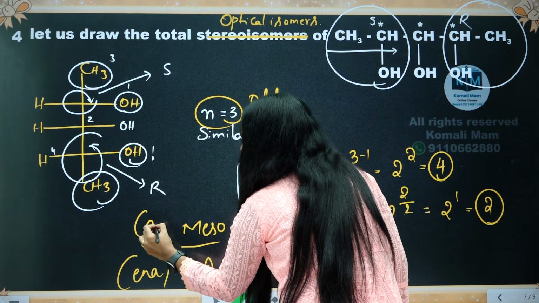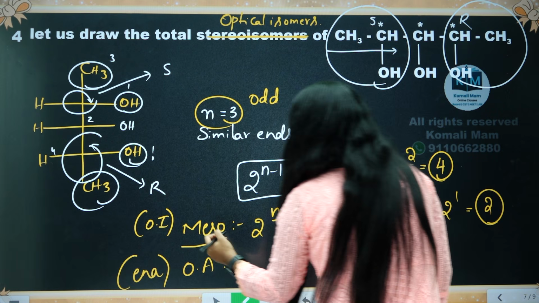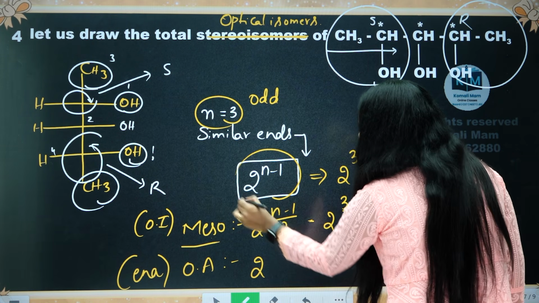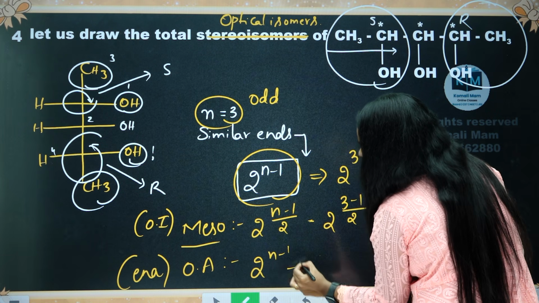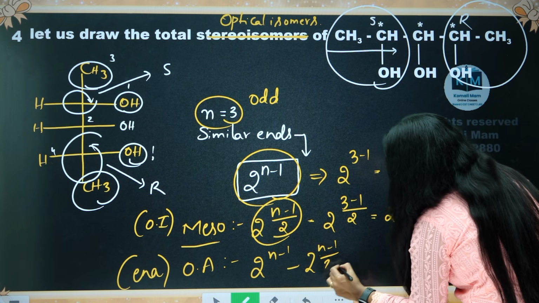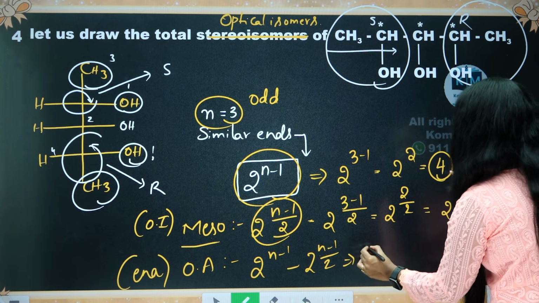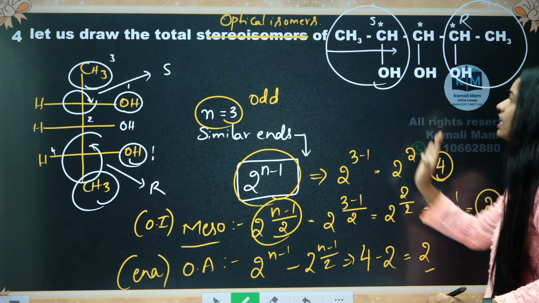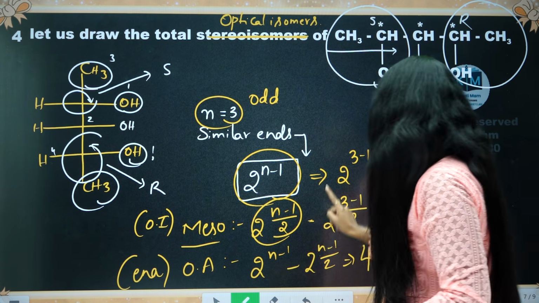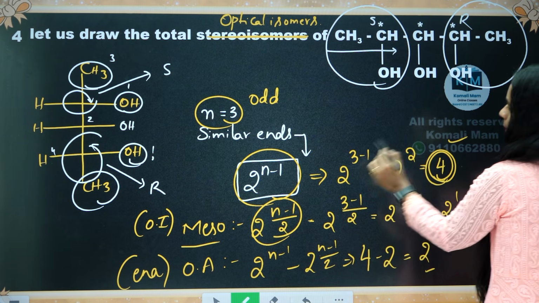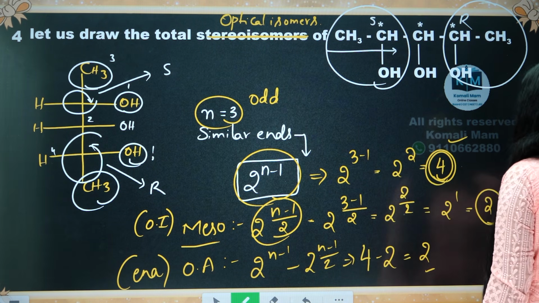Optically inactive are meso compounds. Anything they may ask you, the formula is total minus optically inactive gives optically active forms. That is 4 minus 2 is equal to 2. But if the question asks only for optical isomers, then our answer is only 2 to the power of n minus 1, 4.